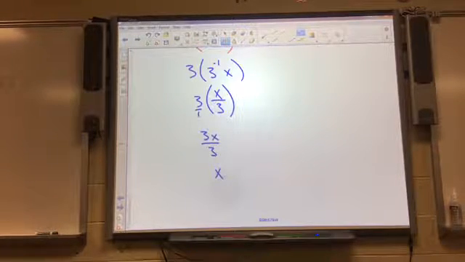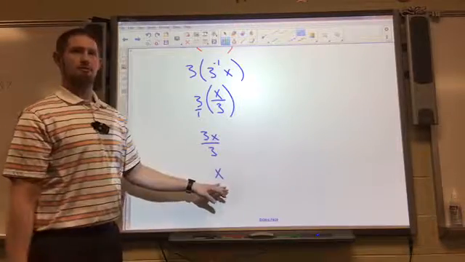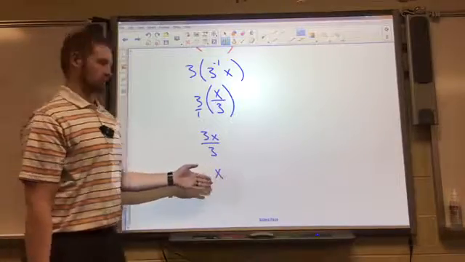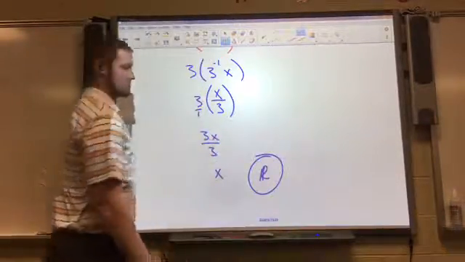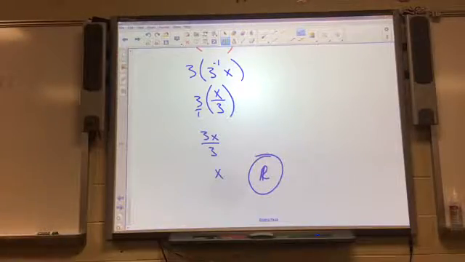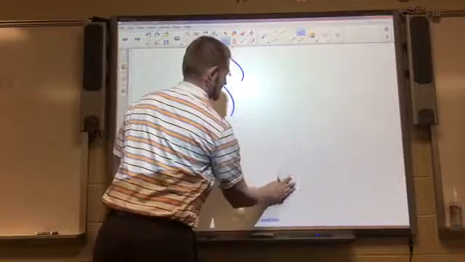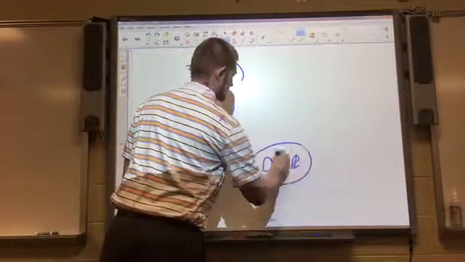Are there any restrictions on this? No, because there's not even a fraction anymore, is there? And there are no radicals. So your answer is all real numbers for your domain. Domain is all real numbers.